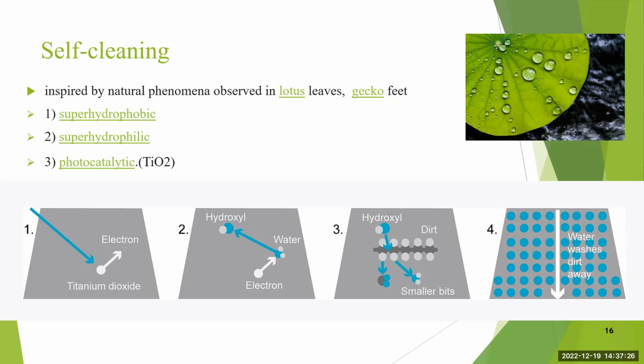When it is applied on the surface and UV radiation is applied on the surface, it produces some electrons, and then the electrons disturb the dirt. They break the dirt, and also give the surface hydrophilicity. So when the water comes, it washes the dirt completely. So the dirts are disturbed, and then they are washed through the water. It's so effective, and it's one of the nanoparticles that is mostly used for self-cleaning surfaces.